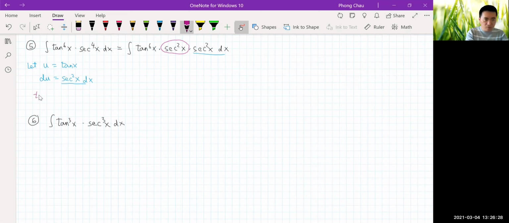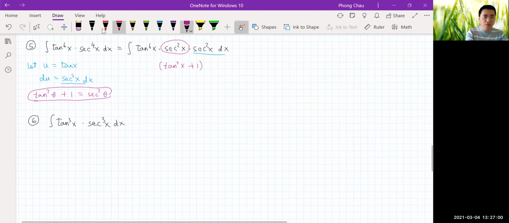The one that we're using is tangent squared theta plus 1 equals secant squared theta. Here I'm able to turn the secant squared of x into tangent squared of x plus 1.